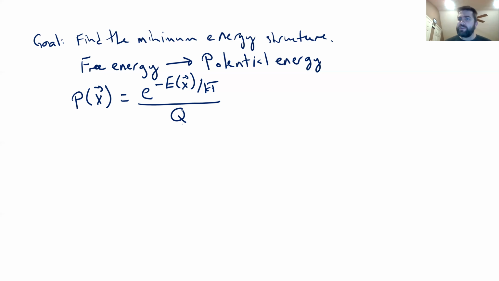And just this, even not worrying about anything else, what does this tell us? This tells us that the single most probable state is the lowest potential energy state. And so the minimum potential energy state is the most probable.